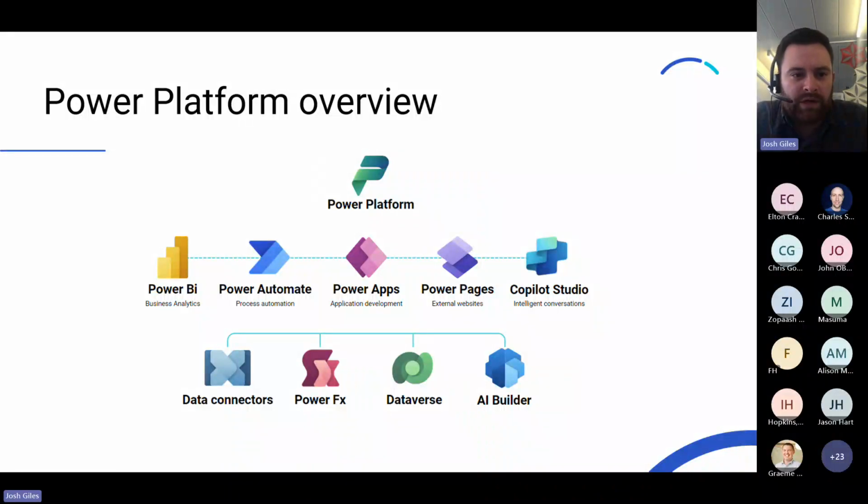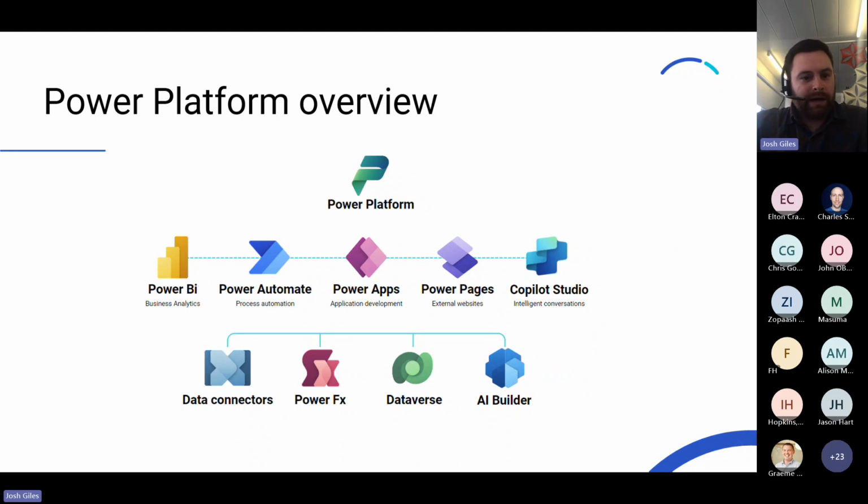There's Power Automate, which is centered around process automation, workflows, and also things like process insights. So you can map out processes and figure out where bottlenecks are to improve and further streamline those processes within your organization.